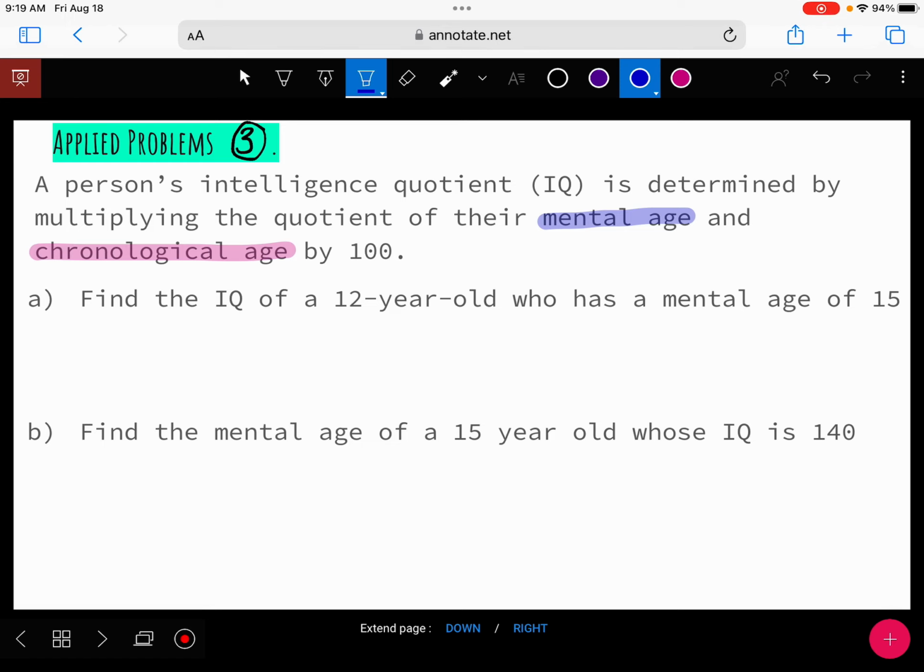I'm going to write a formula for this, and I'm going to use M for mental age and C for chronological age. How do I write the quotient of mental age and chronological age? How do we write that? M over C. Quotient means divide.